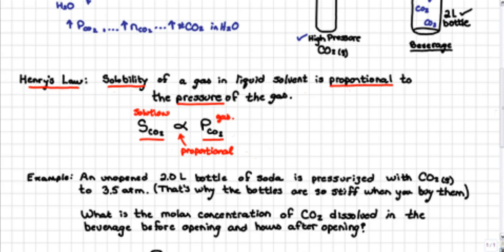Now, we can actually sum this up mathematically, as all proportionalities can, and I'll refer to this in the carbon dioxide example that we're looking at above. The solubility of carbon dioxide in the liquid, I'll replace the proportionality sign now by an equals, and I'll include a constant that we'll get to in just a moment. This is the proportionality constant, and then we have the pressure of the carbon dioxide in the space above the liquid. This proportionality constant is known as the Henry's law constant.